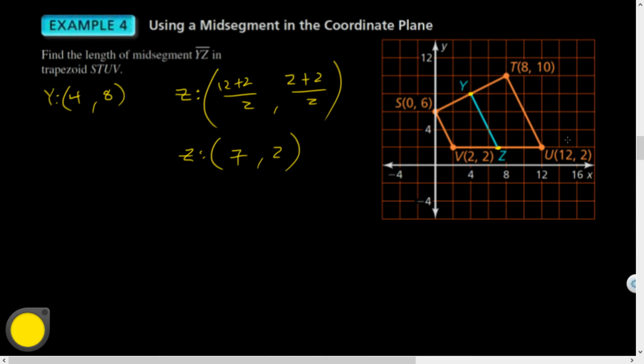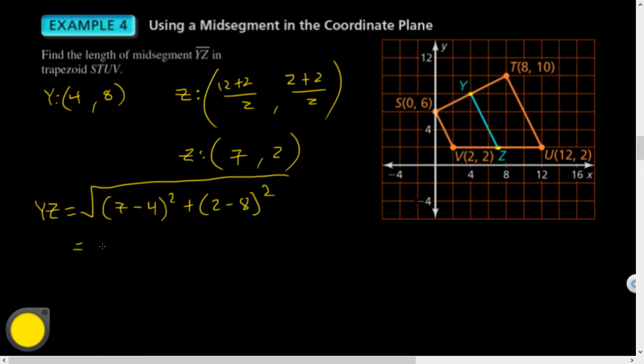But now they wanted the length of this. So to find the length, let's use the distance formula for YZ. Right? And you guys are all experts at this. You've seen it 1,000 times. You just plug it in. Plug in, chug, friends. 7 minus 4 is 3. 3 squared. 2 minus 8 is negative 6 squared. So that's 9 plus 36.